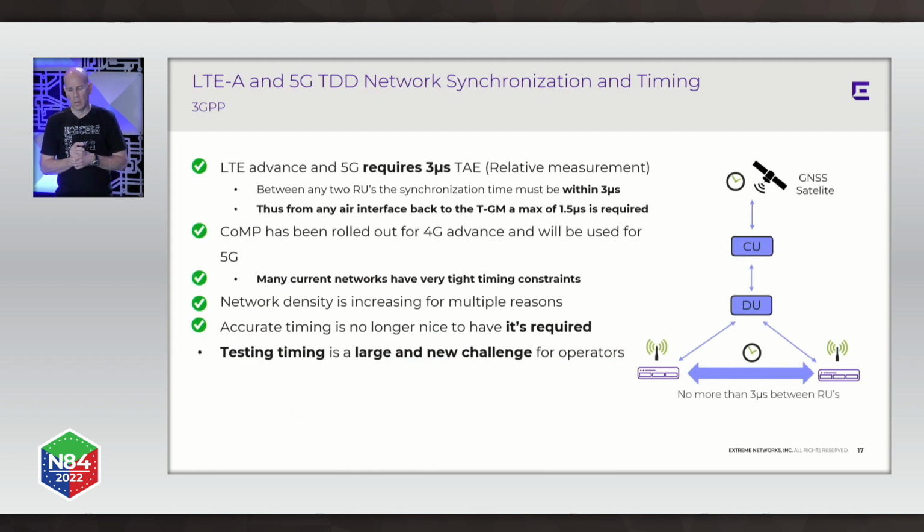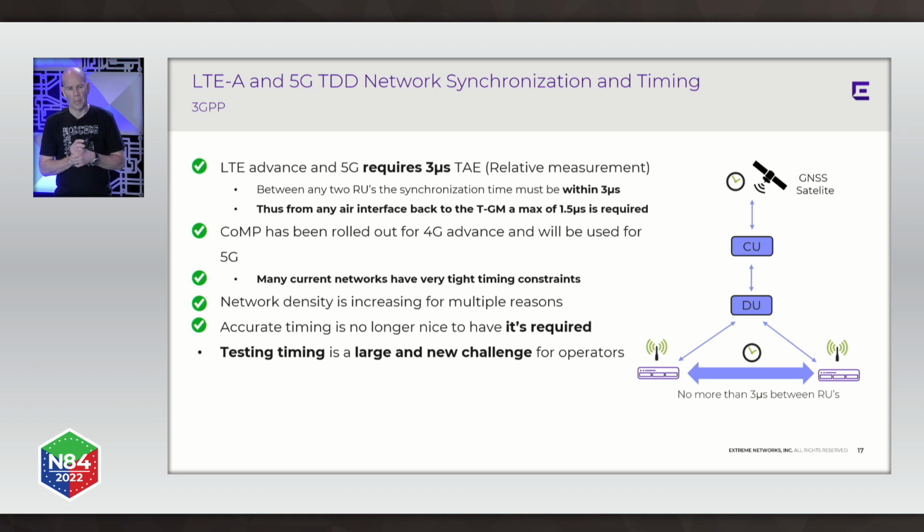Now, as we heard in the previous presentation as well, you have the magic number of 3 microseconds. This is the 3GPP defined TAE, which stands for the timing alignment error, which is a relative measurement.